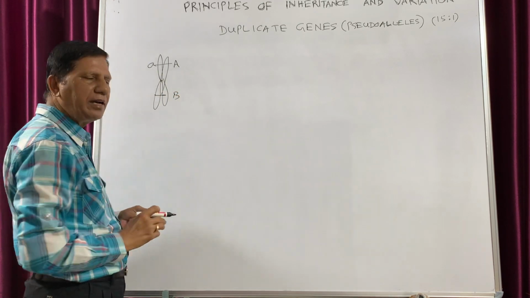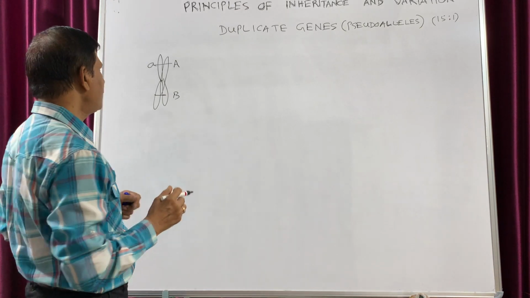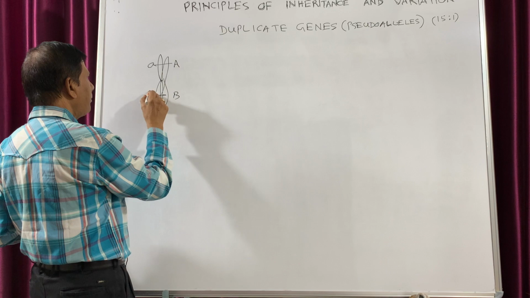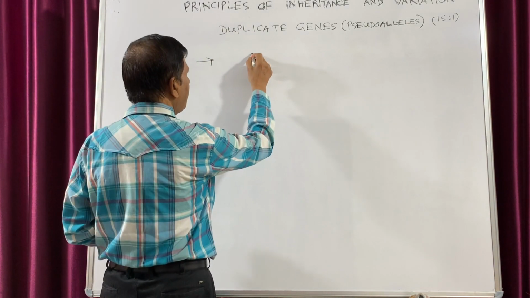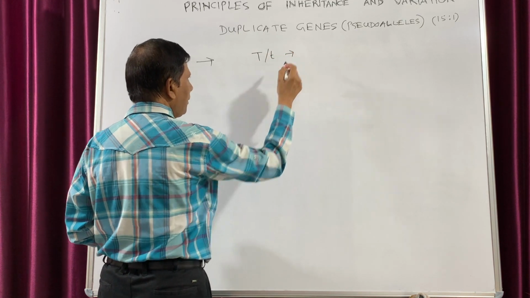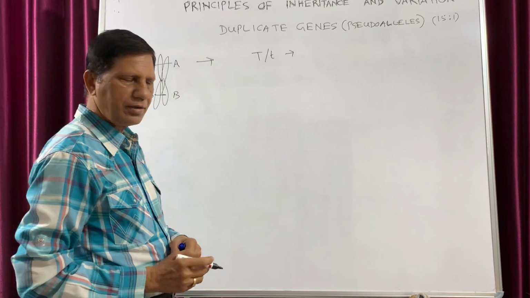That means they are present in different loci. So usually both capital A and small a produce the same character. Like we know in Mendelianism, capital T or small t, both of them are responsible for the height of the plant body, either tall or dwarf.